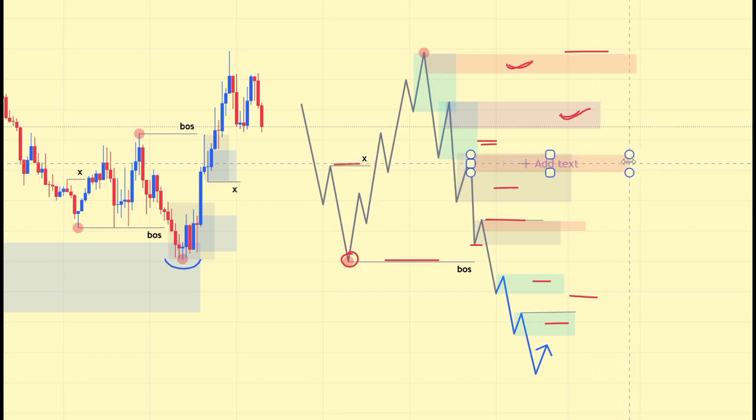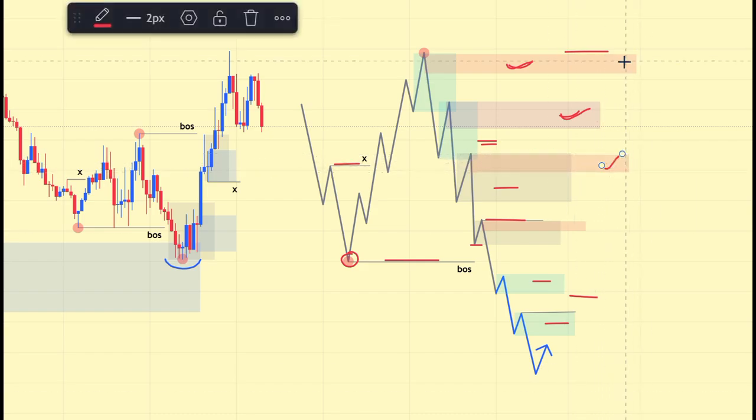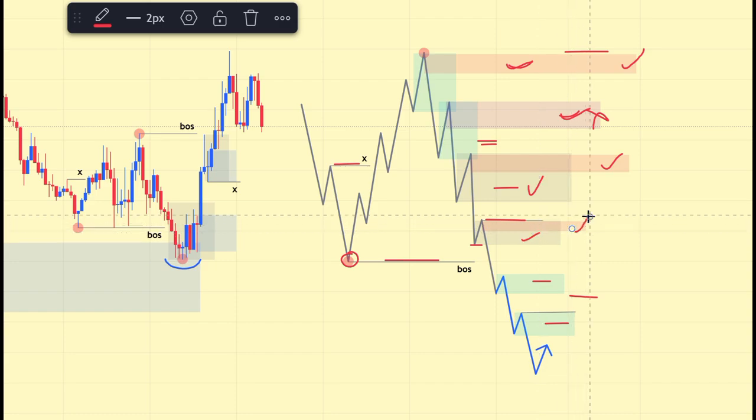This means if the extreme order block fails, which is this one here, then this origin order block will be the next zone for us to take the reversal from. But this one here will just be used as a weak POI. This one here is the extreme, and this one here is the decisional. You can see that the decisional does not change, and the order block, of course, does not change.